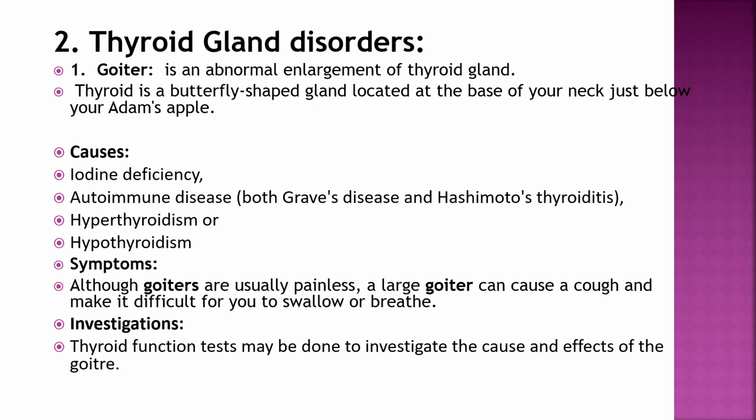The symptoms: goiters are usually painless, but a large goiter may cause cough and difficulty swallowing or breathing because of the pressure effect. The investigation done is a thyroid function test, to investigate the effect and cause of the goiter.